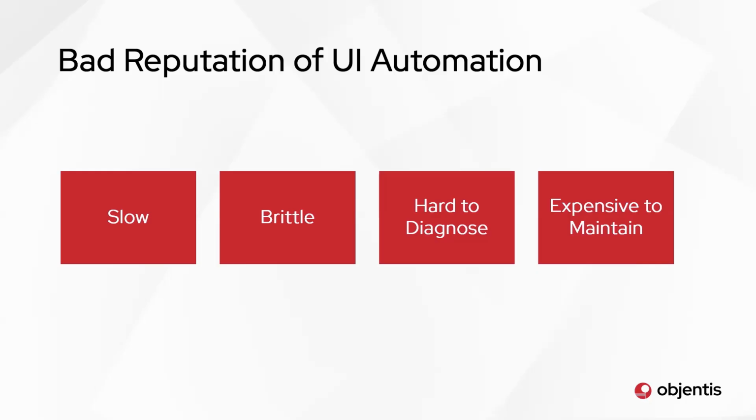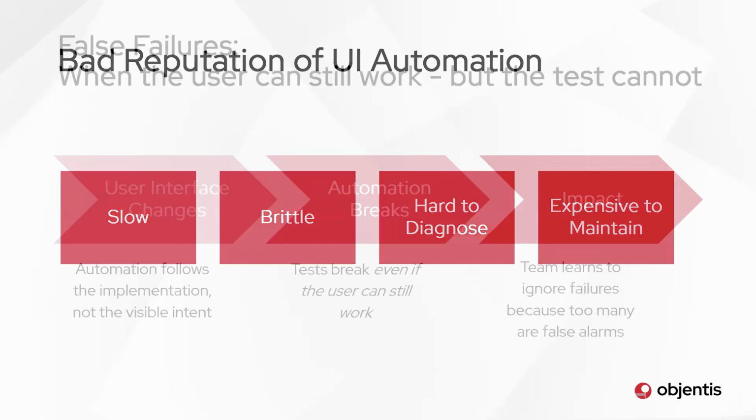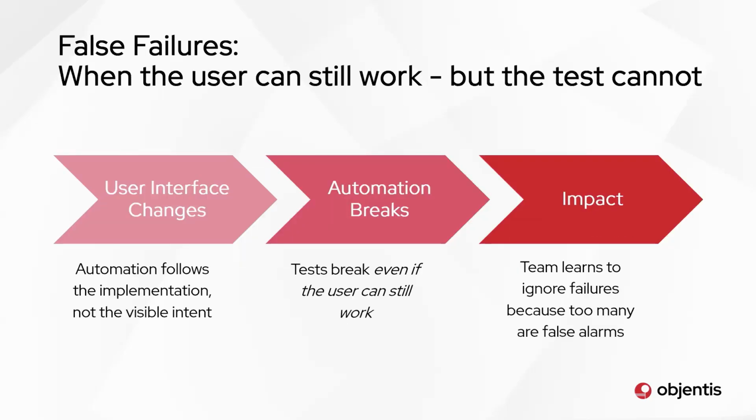Now, from these four bullets that we have here, many of those issues on the right side are related to one effect that is, in my opinion, more often the case with UI tests than with, let's say, API tests, which is the topic of false failures, meaning my automated test fails, but it's not really an issue for the user.